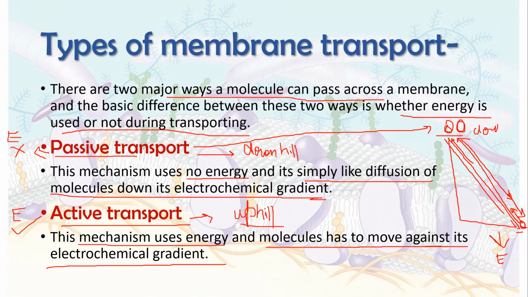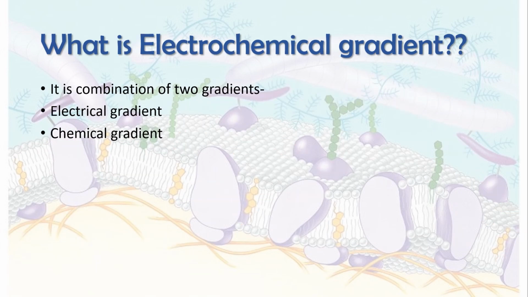So the next one is electrochemical gradient. In both ways of transport, we are using the term electrochemical gradient. So let's discuss this term. Electrochemical gradient is the combination of two words.